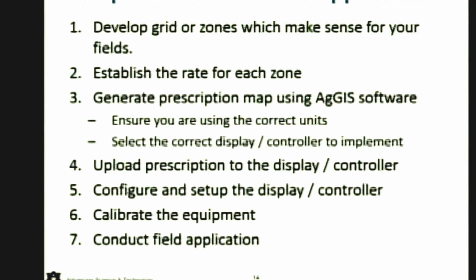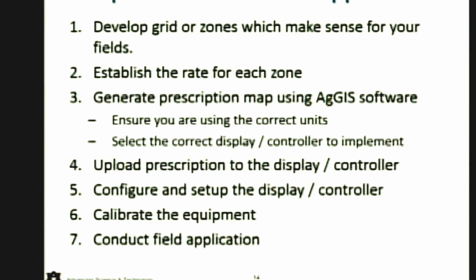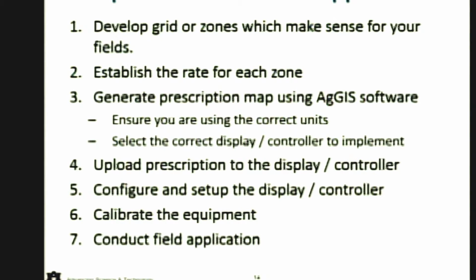The two key things are to make sure your units are correct, pounds per acre, seeds per acre, whatever that might be. It's very important that what's generated in the map matches up with the technology I'm using on the equipment, because if it doesn't, you might get a little surprise. The other thing is to make sure that when I export that data file or that prescription map from the farm software, it's exported for my specific display.